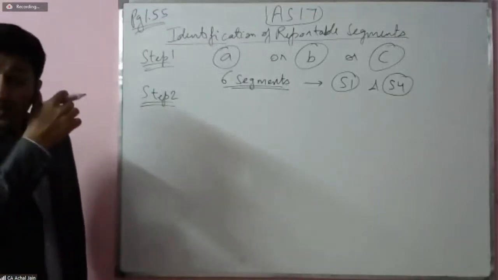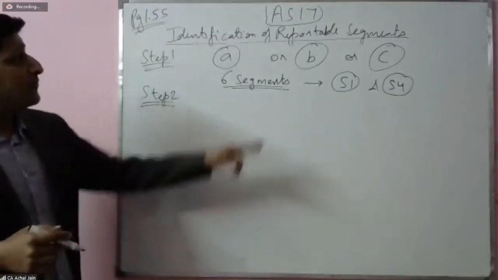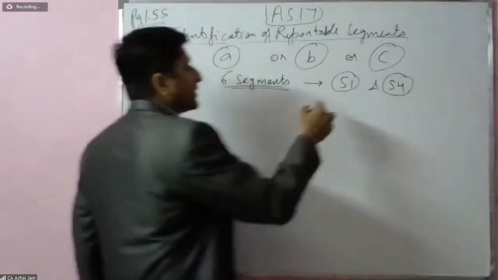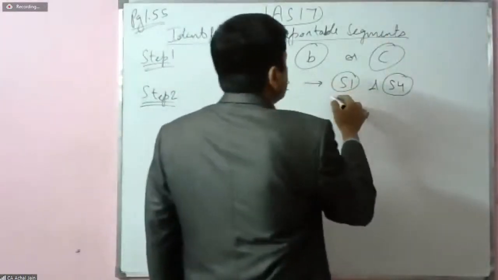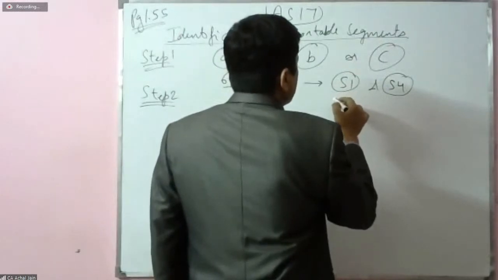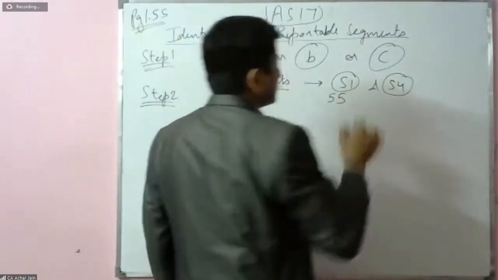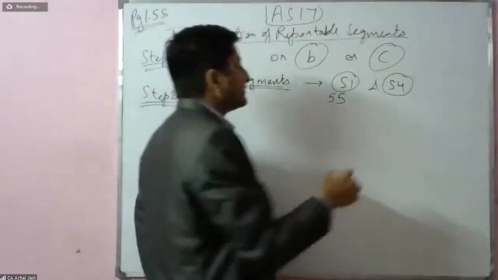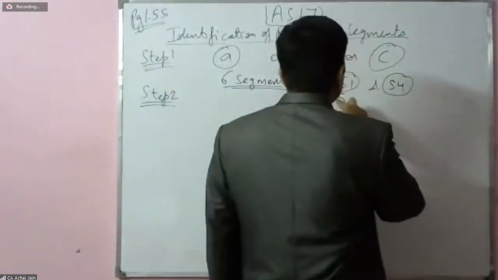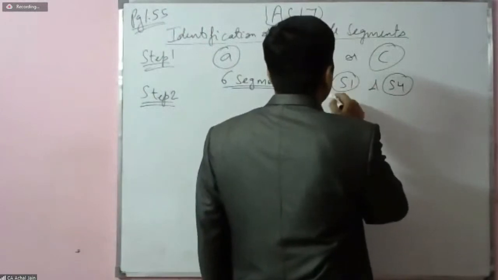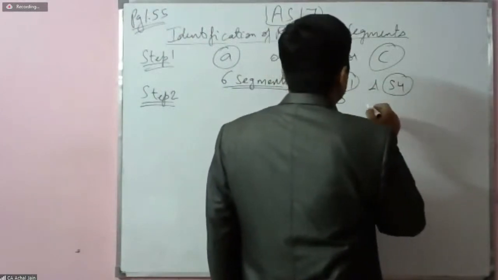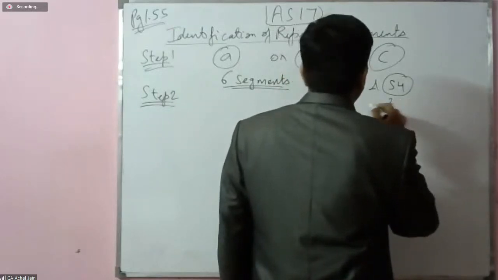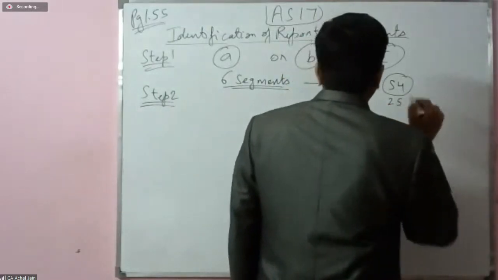We will have to check the revenue of S1 and S4. Let's suppose revenue of S1 was, say, 55, and revenue of S4 was 10. Or let's suppose this was 45 and this was, say, 25.